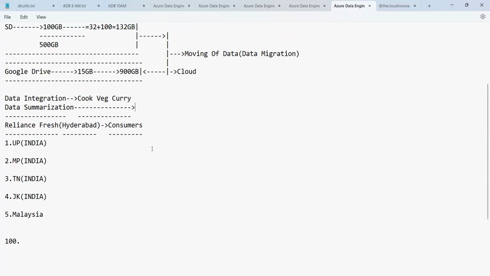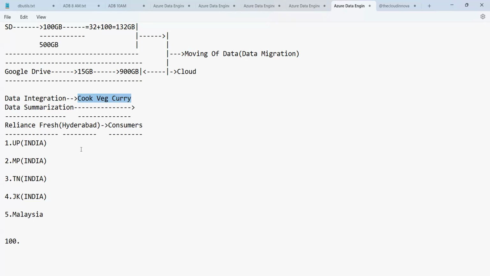Now, guys, as you have been to the Reliance Fresh Hyderabad to buy some vegetables required for cooking your curry, we are not going to buy all the vegetables. I'm going to buy only those vegetables which are required presently for cooking the curry.